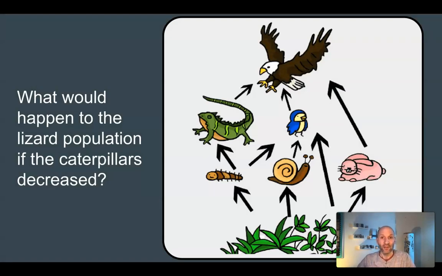So let's look at some simple examples. What would happen to the lizard population if the caterpillar population decreased? So if there was less caterpillars, what would happen to the lizards? Since lizards eat caterpillars, if there's less caterpillars, well then there'd be fewer lizards.